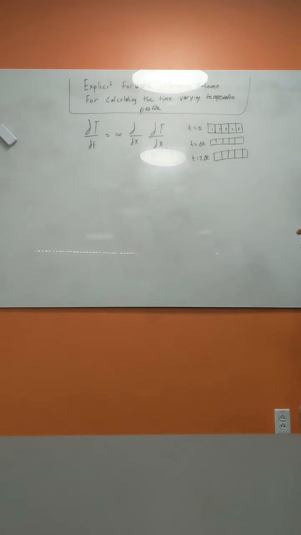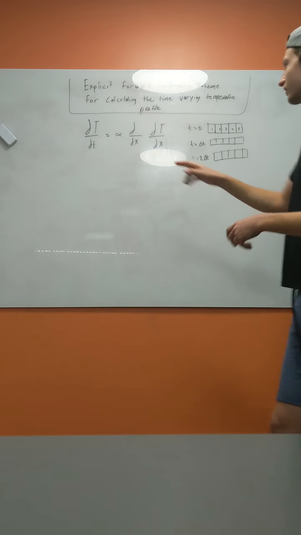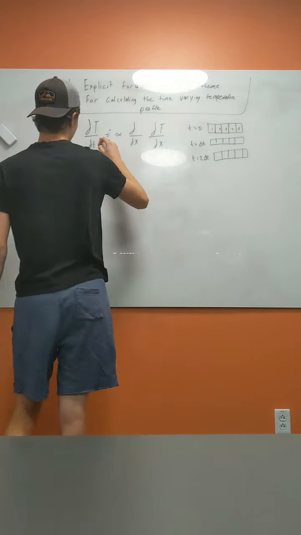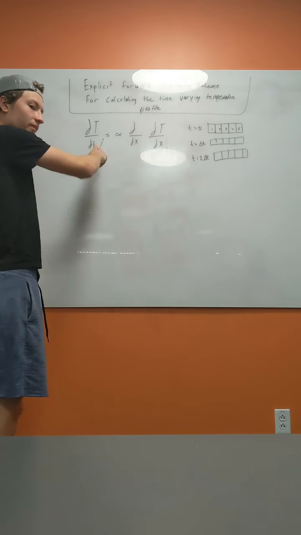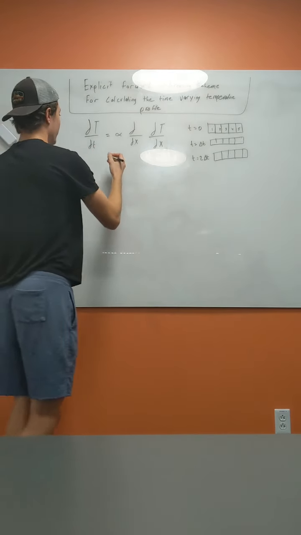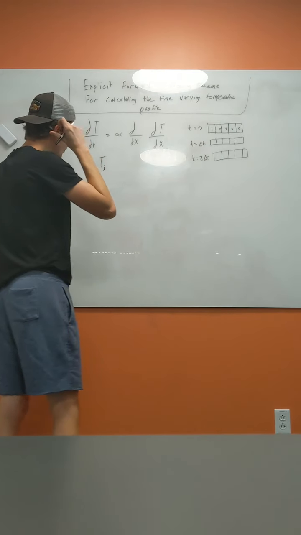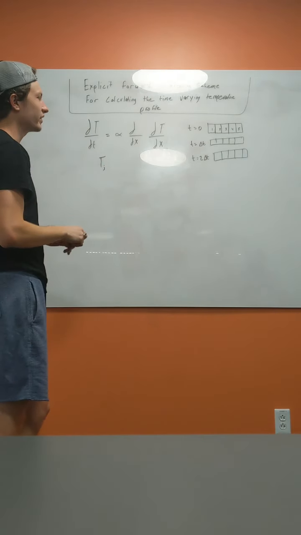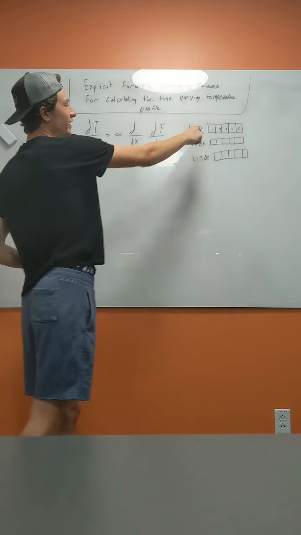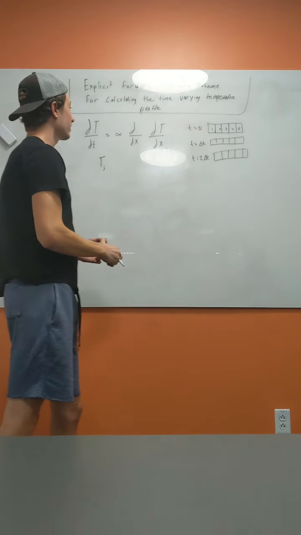Okay. So how do we write an equation from this? Well, we know that on this side, a change in temperature over a change in time. We want to know the change in temperature between these temperature profiles.